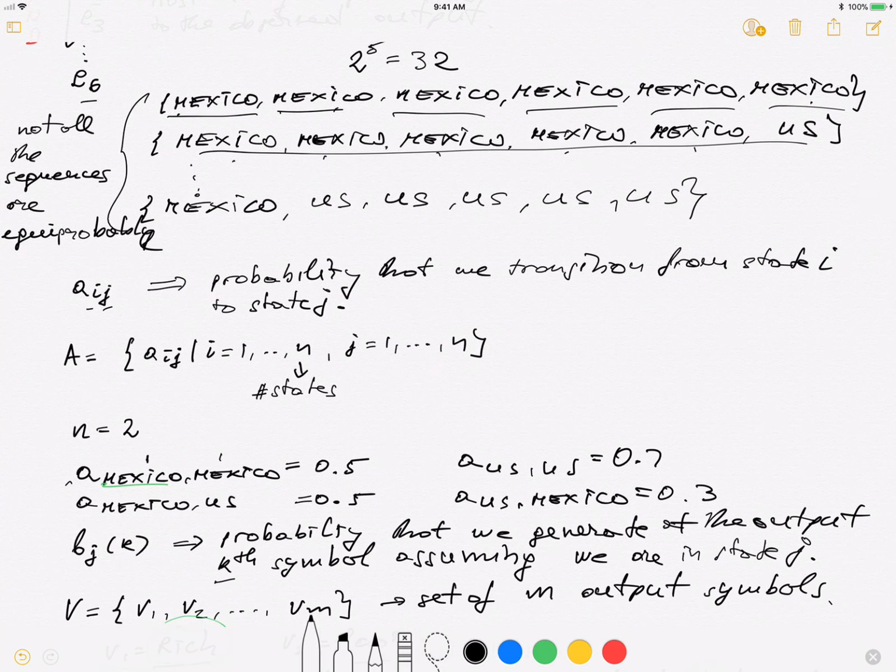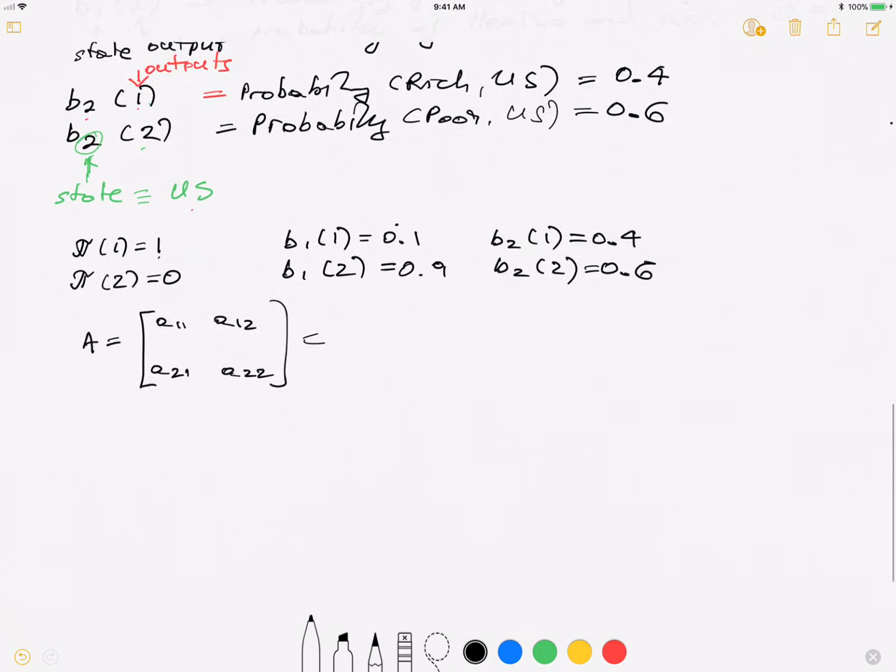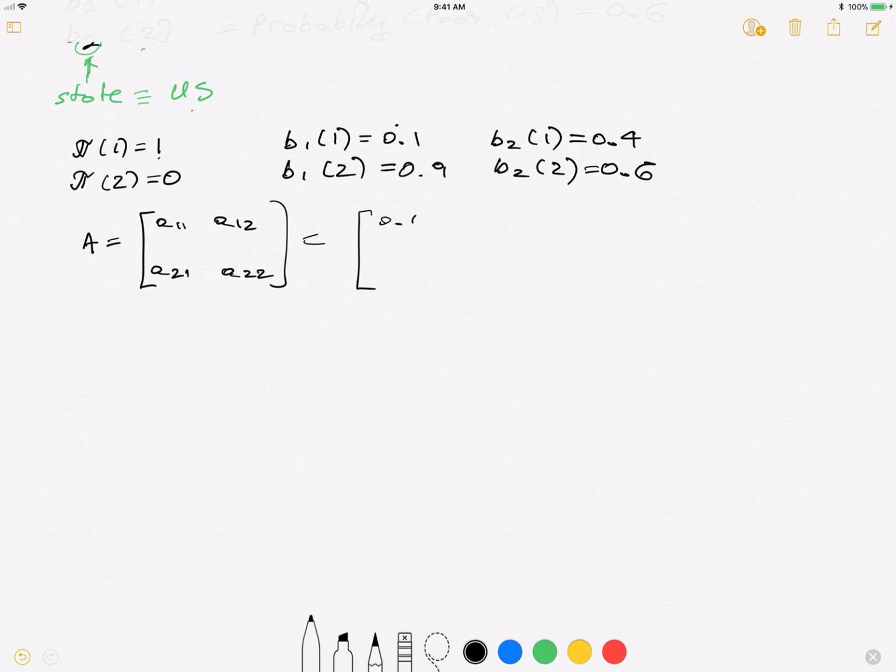Mexico is state 1, US is state 2: 0.5, 0.5, 0.3, 0.7. 0.3 is the probability that from US, state 2, we go next year to state 1, Mexico. 0.7 is the probability that we stay in US, and 0.5 are the probabilities that if we are in Mexico, here we stay in Mexico, and here we go to US.